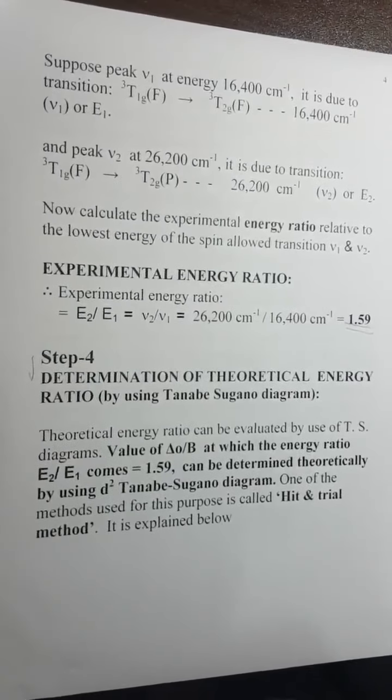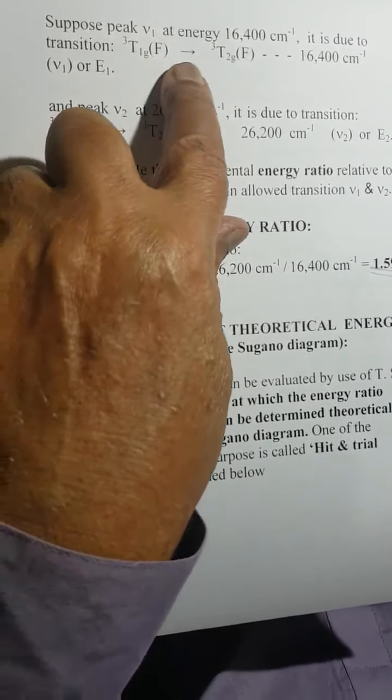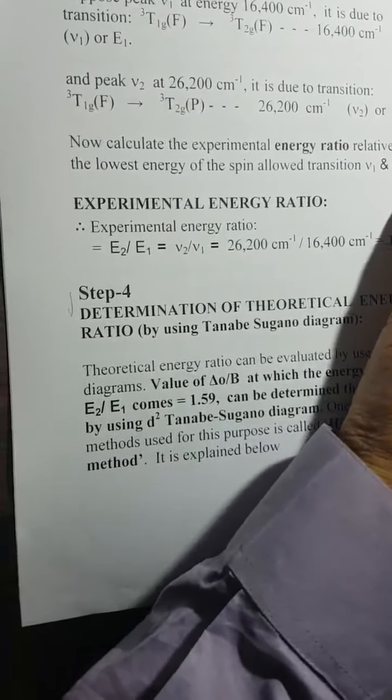So what we are doing is we suppose that this band, nu1, is because of this transition. Look at this, please.